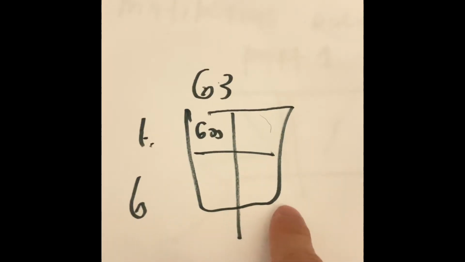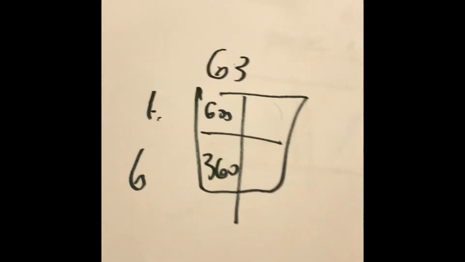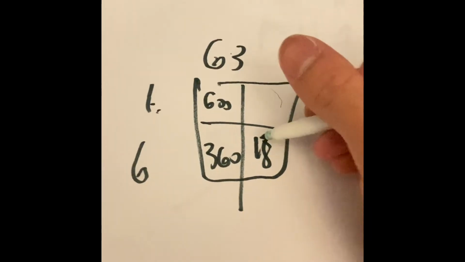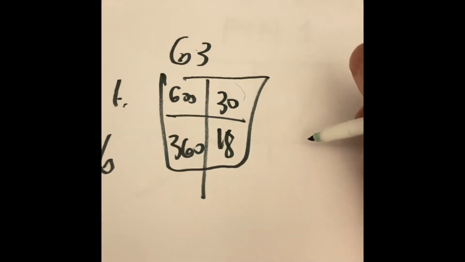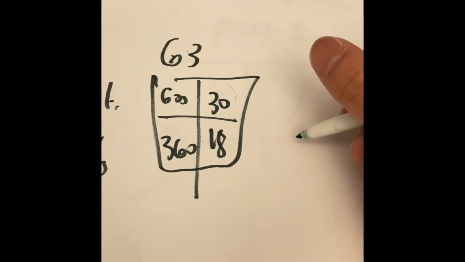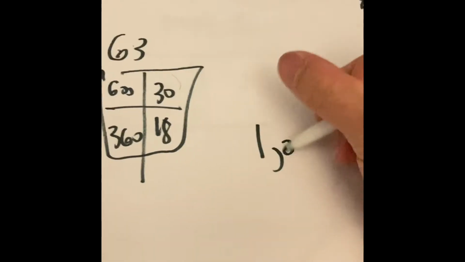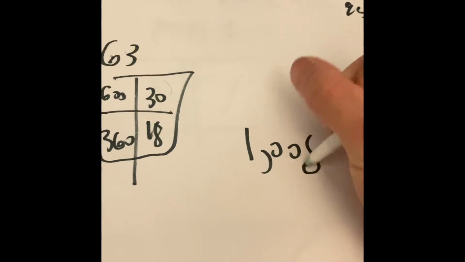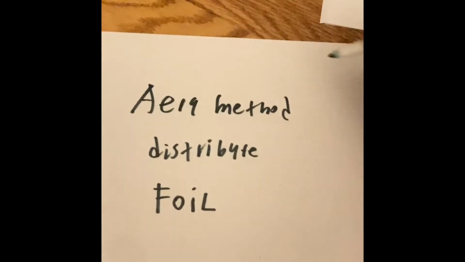With the area model, you probably learned that in elementary school. 18 and 30. When we add them all up, we get an answer of 1008. So that's the area model. It relates to this one. So we have learned the area method.